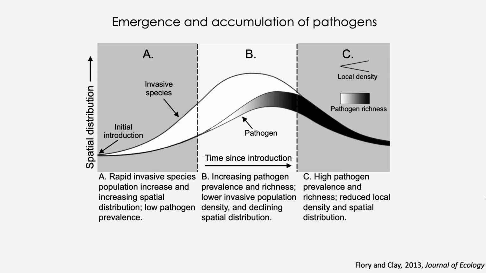Following the initial introduction of an invader, we hypothesized that it expands in distribution and density, but then eventually pathogens would catch up, increase in density and distribution, and eventually cause the decline of the invader.